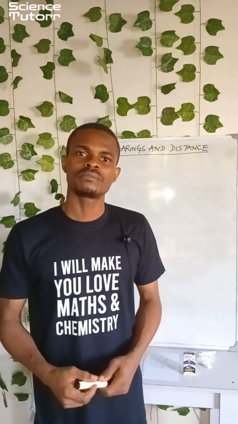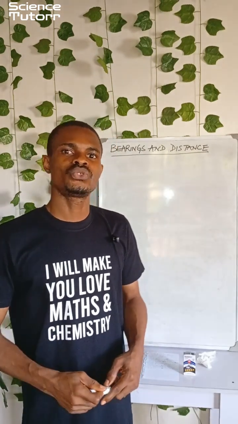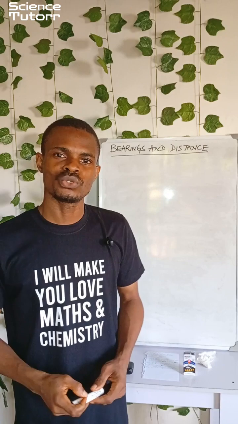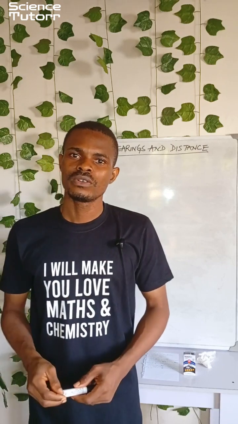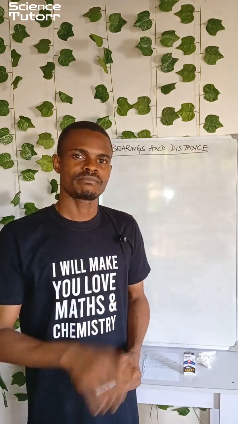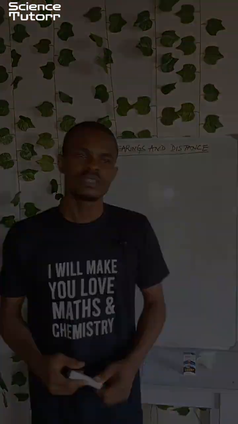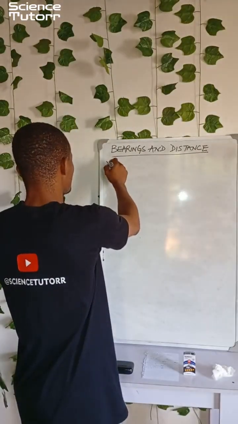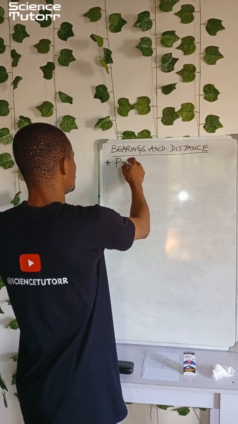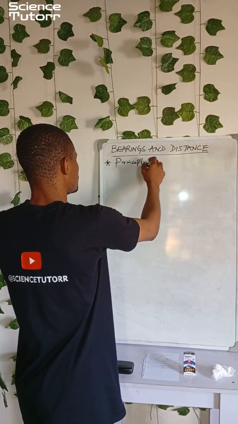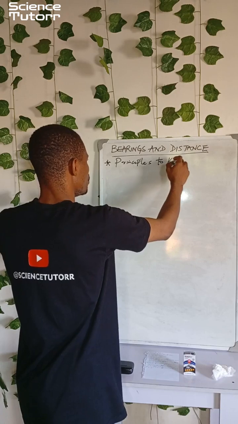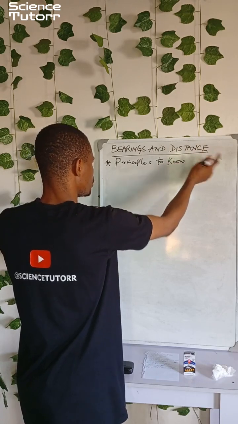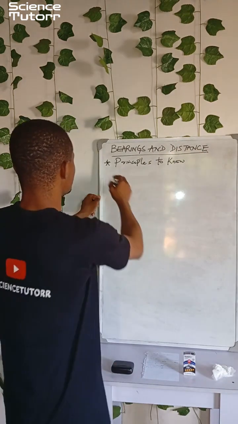Now, before we begin, there are some vital notes that students are supposed to know before having a good understanding of the topic. I captioned it principles to know before bearing. So there are some principles to know before you think of the topic bearings and distances.